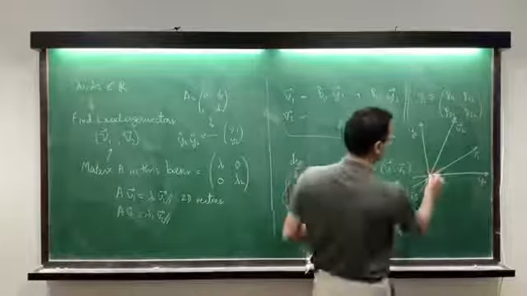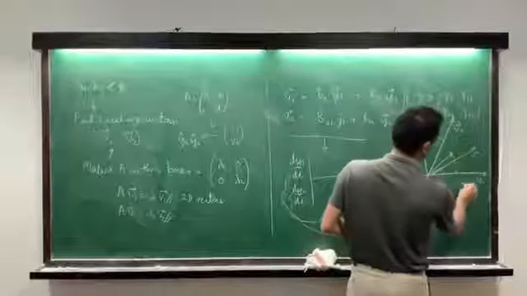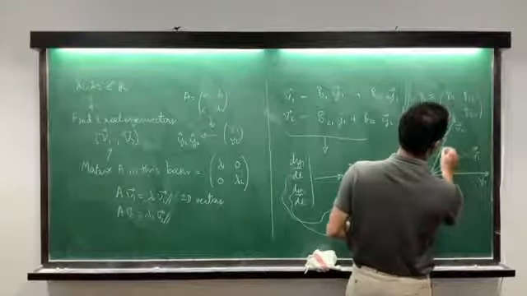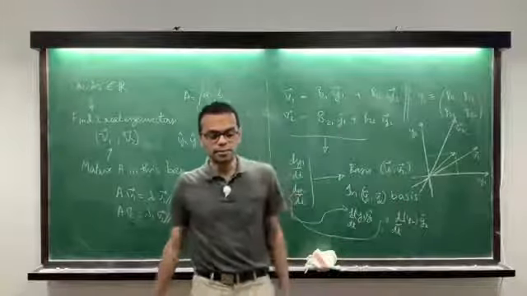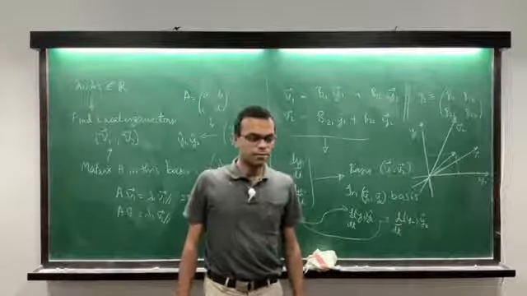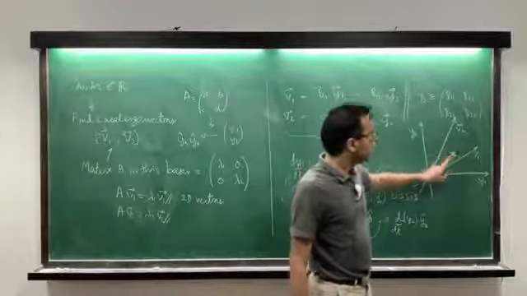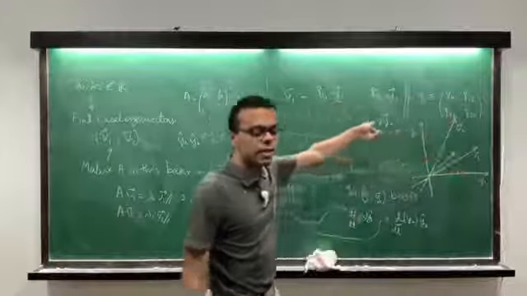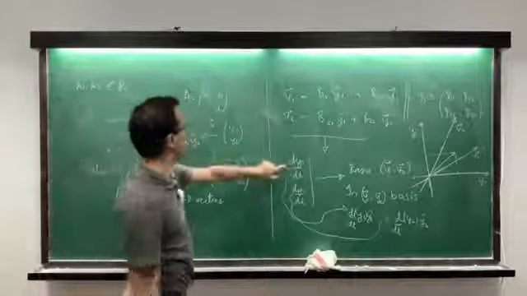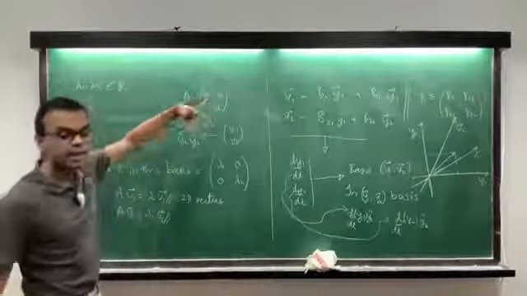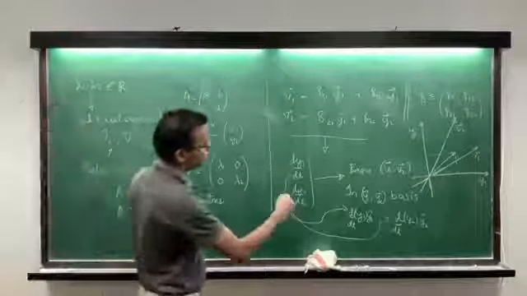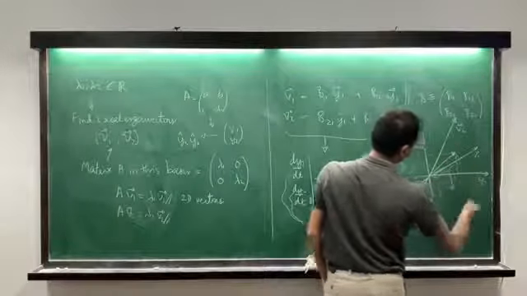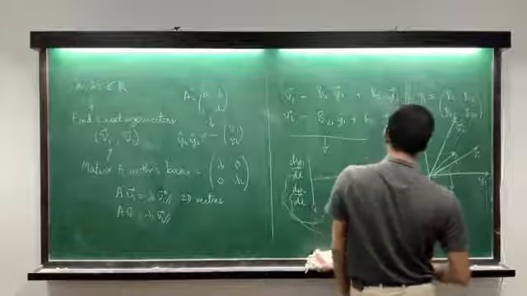So any vector like this, I can either break it into y1 and y2 components, or I can break it into the v1 and v2 components. Doesn't matter. Okay, if I look at a trajectory in this basis as opposed to this basis, then the right hand side of the original equation, let me call the components along this alpha 1 and alpha 2, since I don't want to use the same letter.